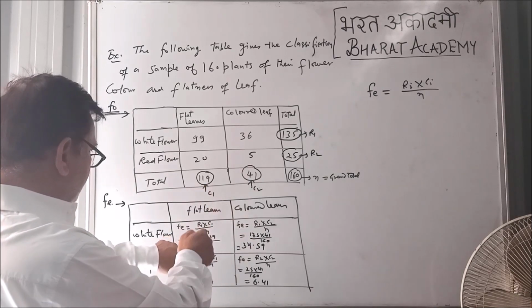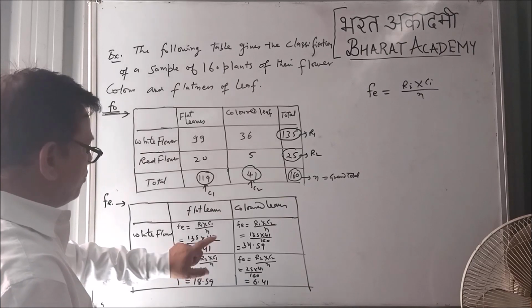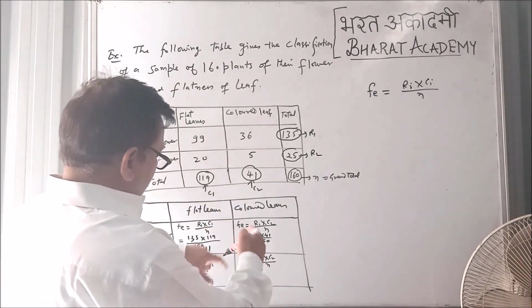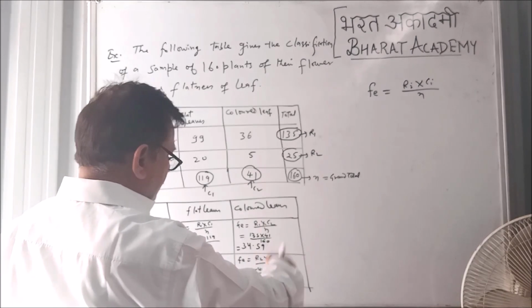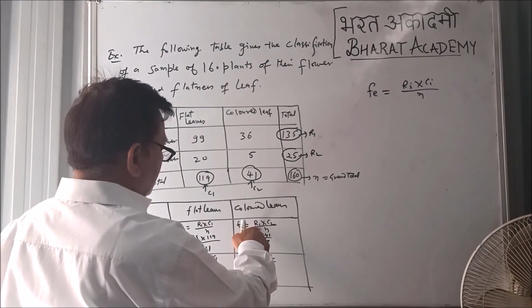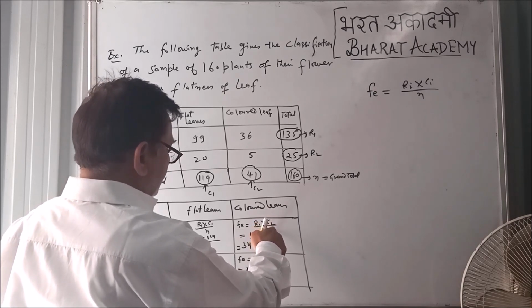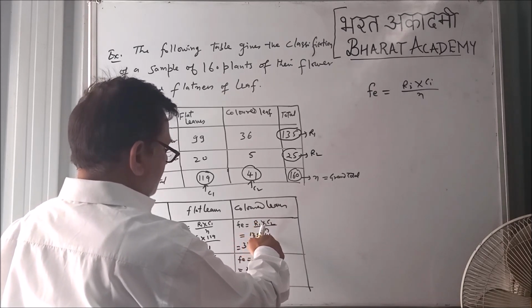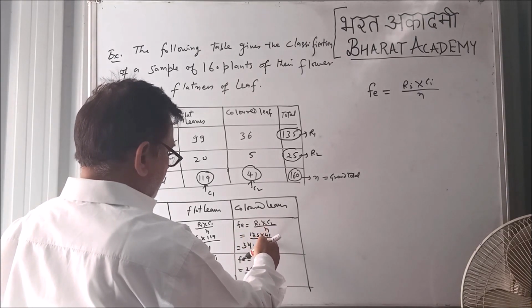C1 was 119, upon total 160. This is 100.41. And the Fe for the second cell lies in first row and second column. First row means R1 and second column means C2, upon n, the grand total. This is 135 into 41 upon 160.